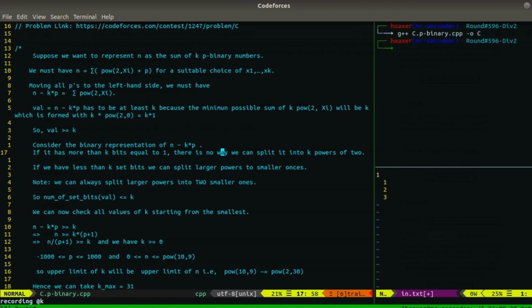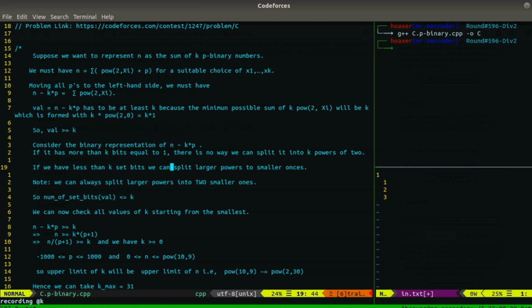If you consider the set bits there, you are actually summing 2 power the bit position, so you are already summing more than k such powers of 2. We can't combine them in order to form a smaller count. Whereas if we have fewer than k set bits, we can split larger powers into smaller ones in order to achieve that.